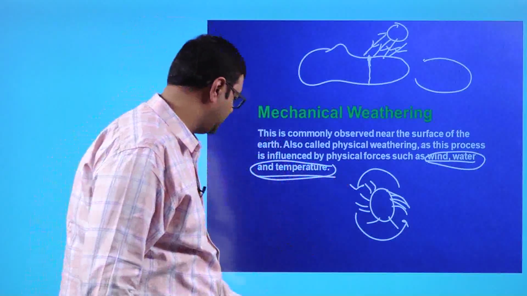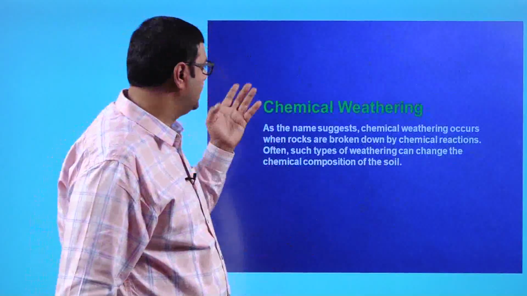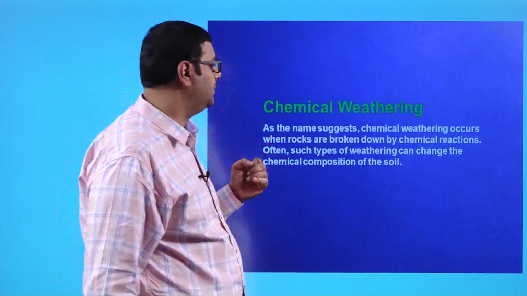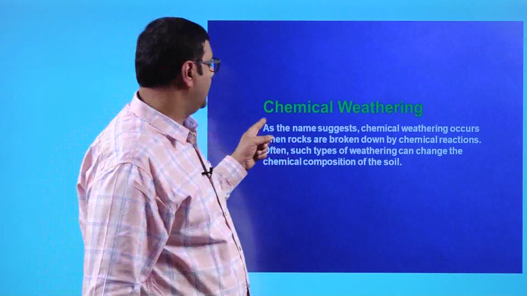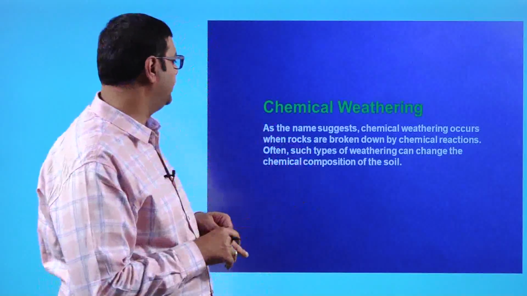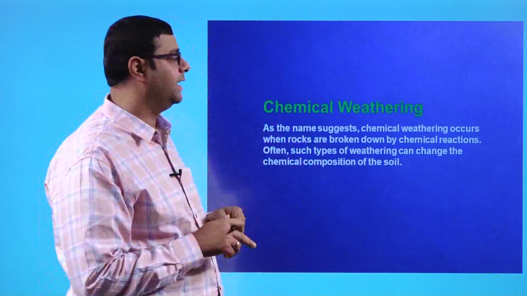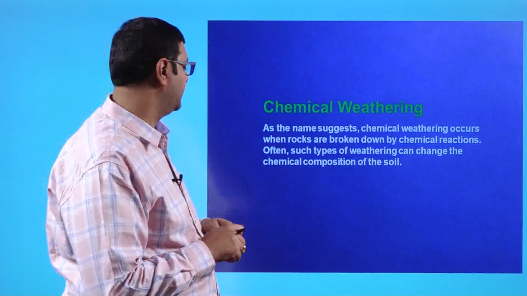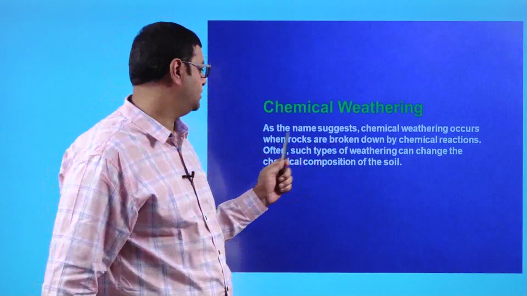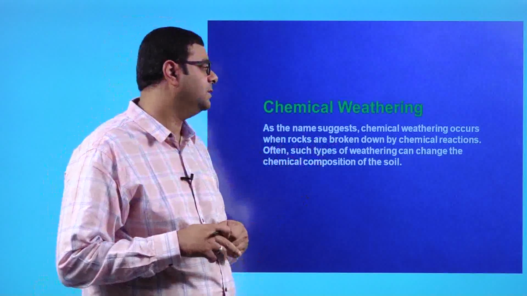Now moving on to the next one, which is chemical weathering. As the name suggests, chemical weathering occurs when rocks are broken down by chemical reactions. Often this type of weathering can change the chemical composition of the soil.